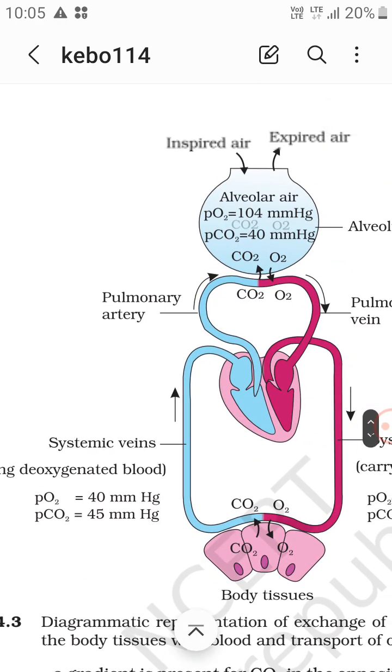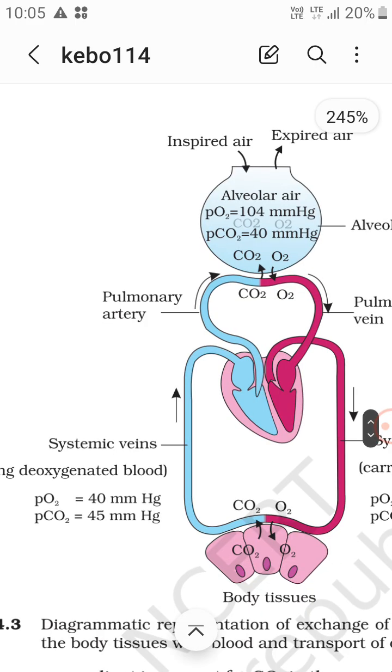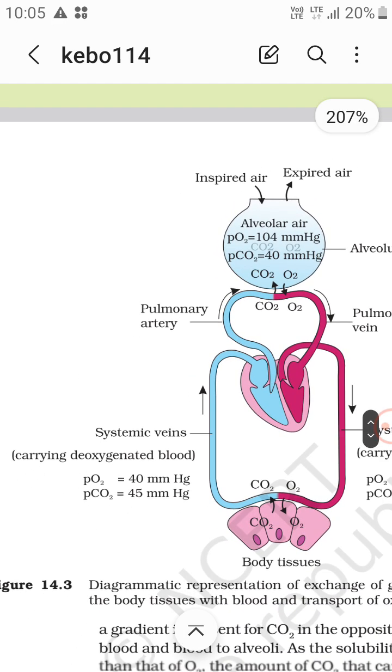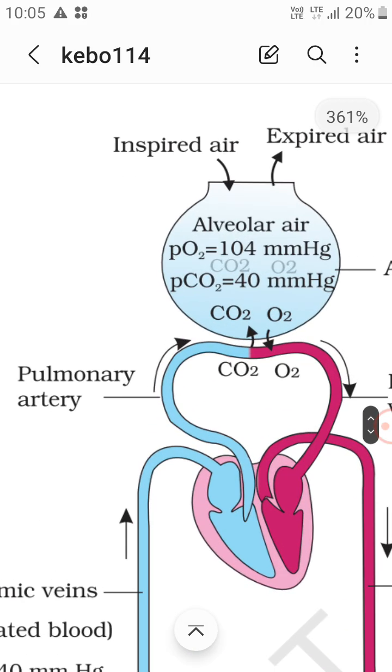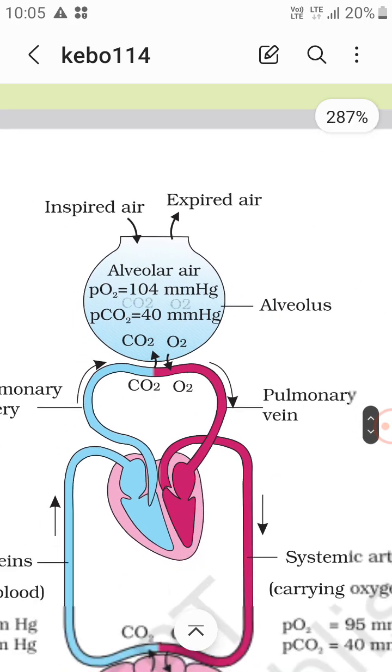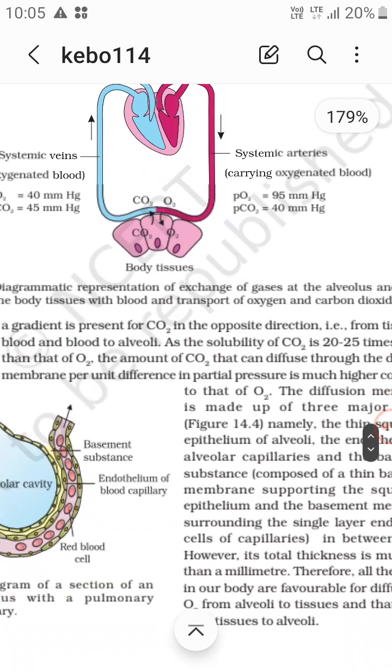Now it joins the right atrium, and through the right atrium into the right ventricle. Through the right ventricle it goes to the pulmonary artery. So systemic veins carry deoxygenated blood, right? So all this is the exchange of CO2 and O2, inspiration and expiration.